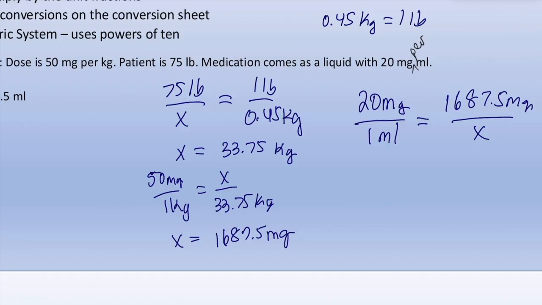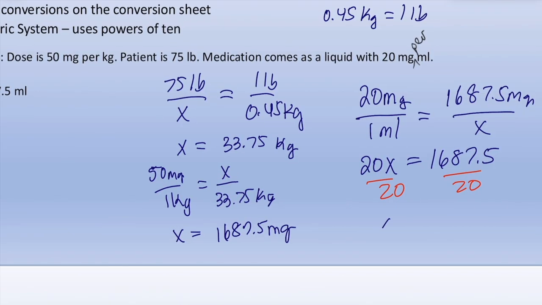So again, you can see 20 times x, you can write that as 20x, equals 1687.5 times 1, which is just 1687.5. And then we're going to solve it by dividing by 20. Anytime the x gets multiplied by something other than 1, you're going to end up dividing by that value.